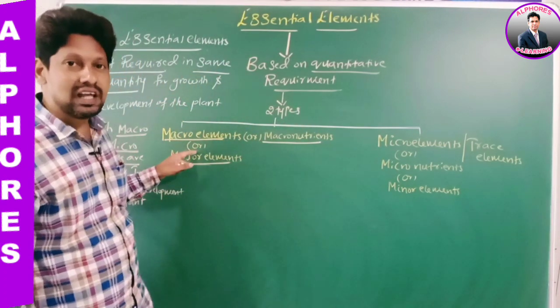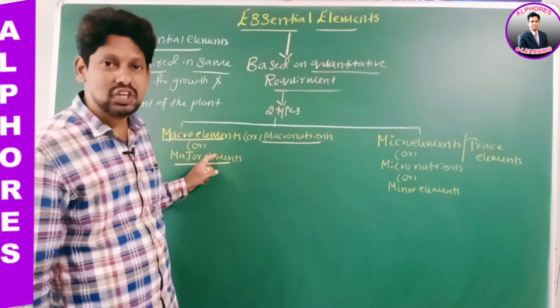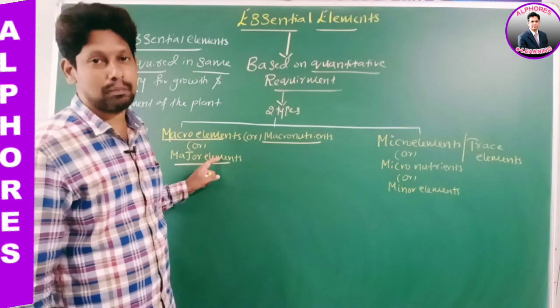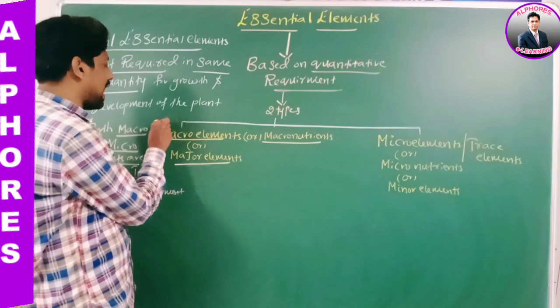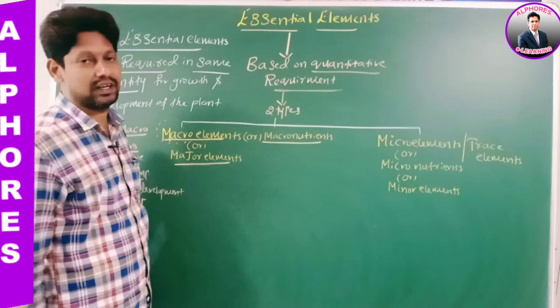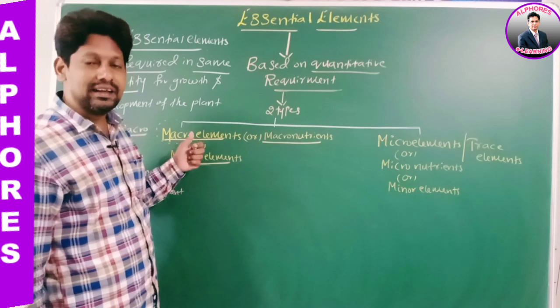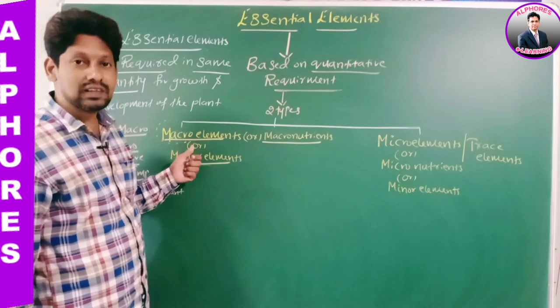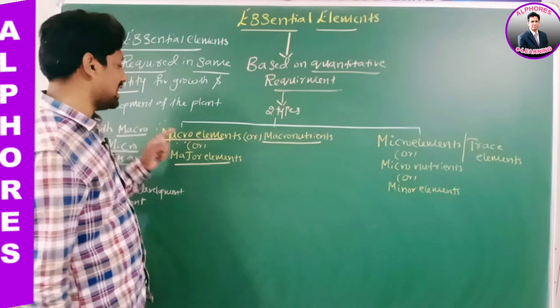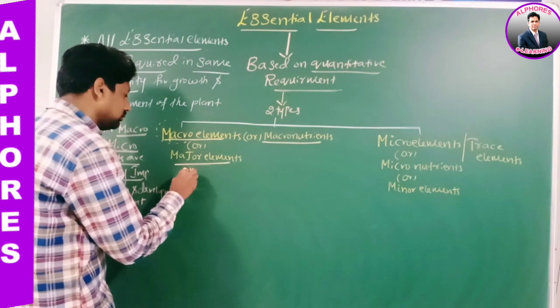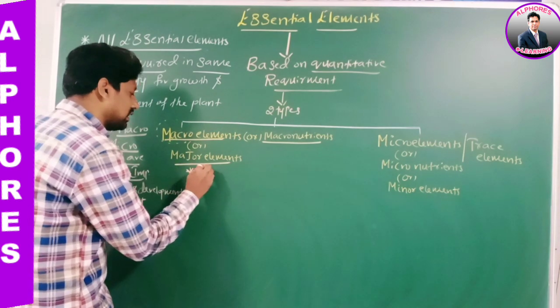What is the meaning of macro elements, macronutrients or major elements? The essential elements which are required in large quantities for growth and development of the plant. The name itself indicates macro, which means large quantities.